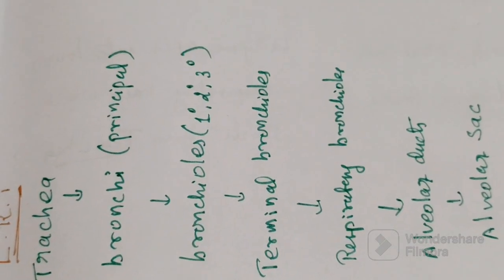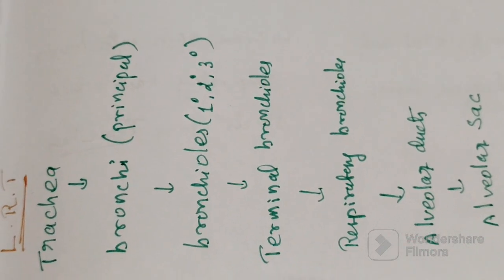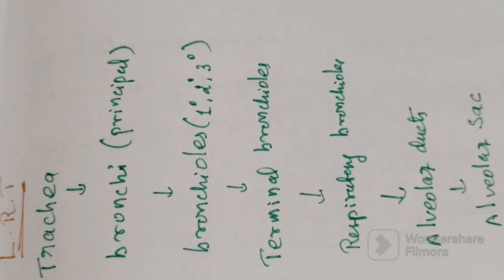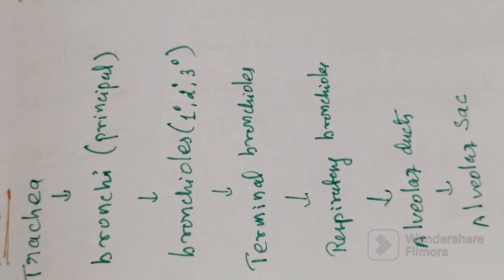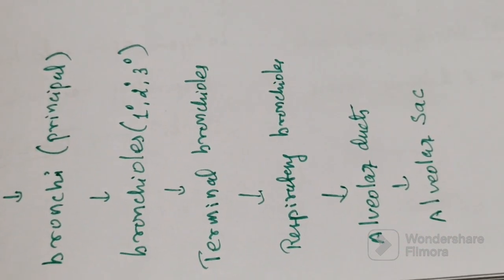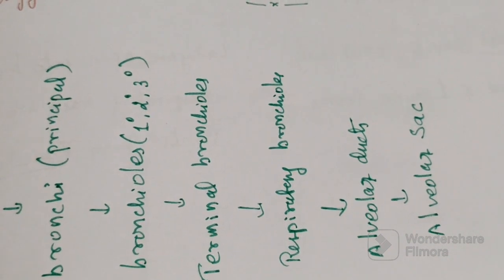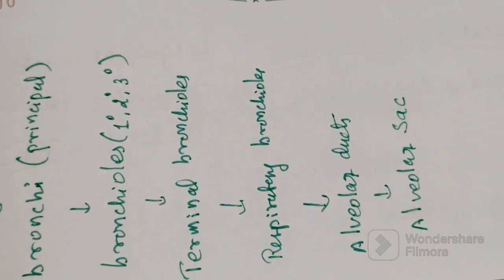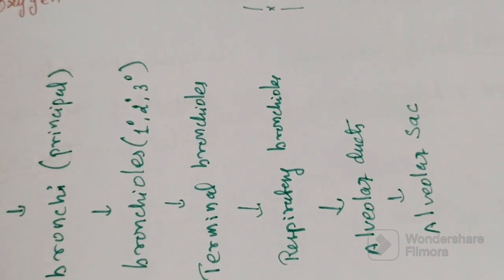So what are the things considered as lower respiratory tract? Trachea, bronchi, principal bronchi, then bronchioles: primary, secondary, tertiary, terminal bronchioles, respiratory bronchioles, then alveolar duct, then alveolar sacs.